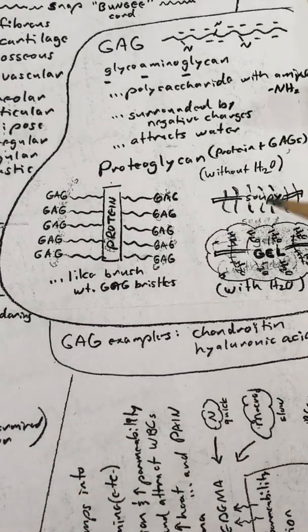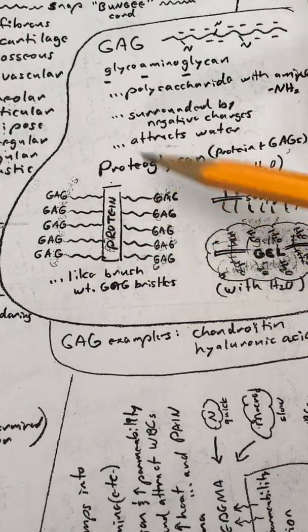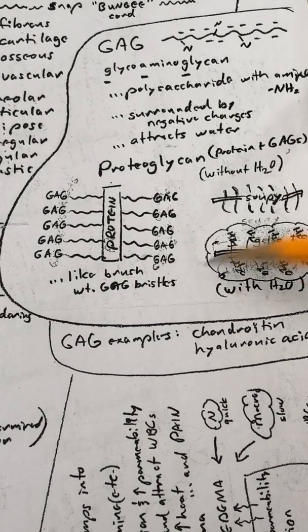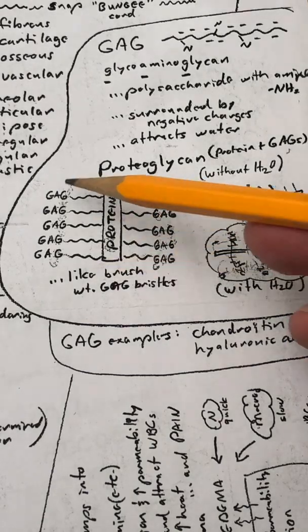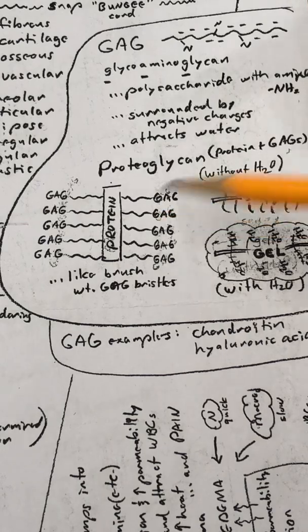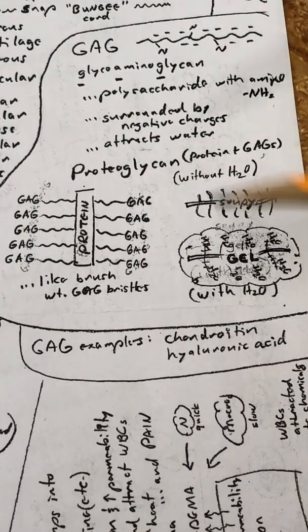What's cute about this is, if there isn't a lot of water attached to the GAG molecules, this whole thing is kind of floppy, sort of deflated, and so it's soupy. However, if water molecules come in here and surround the GAG molecules, they kind of fluff up, it becomes a little bit more solid, and you form a gel. So this material, proteoglycan, is a common component of any gel-like material, as in cartilage and such.